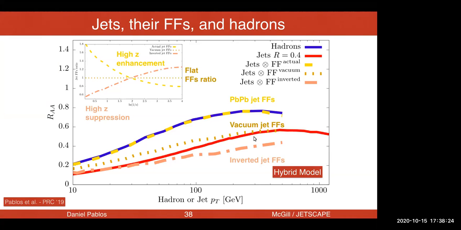However, there is hadron energy loss because that fragment itself has lost a lot of energy. So it's very important to understand jet substructure and how jet substructure is quenched in the medium in order to understand apparently basic things such as total jet suppression compared to hadron suppression.